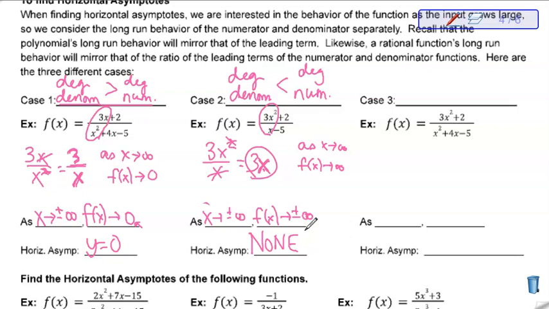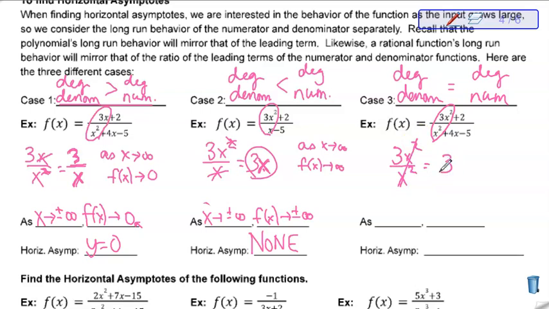All right, last case. We did the greater than, less than. Now we're looking at the degree of the denominator equals the degree of the numerator. So again, I'm going to extract out these pieces and get 3x squared over x squared. This time both of those cancel and leave me with a constant 3.